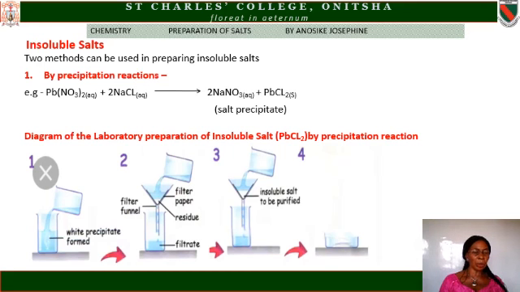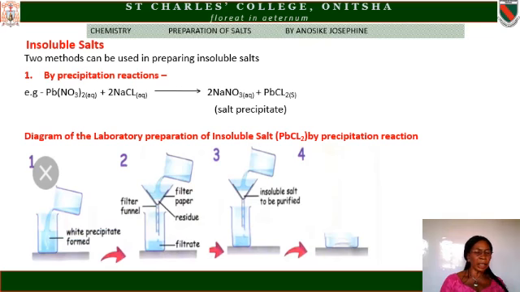Initially, it looks as if nothing is happening, but after some minutes, you begin to notice white particles appearing. These white particles are the precipitate of the insoluble lead 2 chloride. You keep on stirring and allow more precipitate to form until the reaction is complete, with no more precipitate forming. Then you move to the next stage.